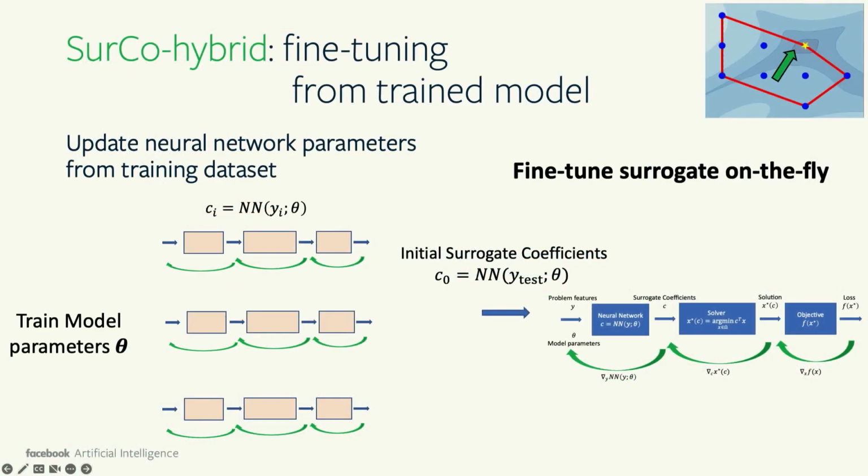Then we can run CLOVER-0 on top of this initial surrogate coefficient to further improve the quality of the resulting solutions. So this hybrid combines CLOVER-prior with CLOVER-0, and you get something that is even better in terms of the final results.